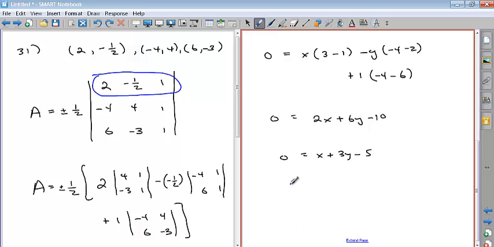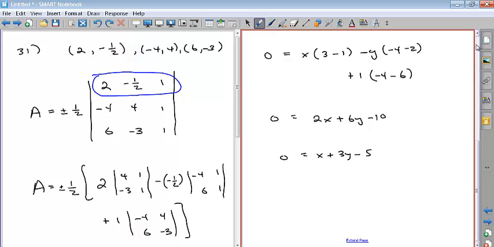They didn't say what kind of form, whether they wanted slope intercept or some other form. So let's just see what they have in the book here. 8, 5, not 31. It's 39. x plus 3y minus 5 equals 0. That's what I have. Okay.